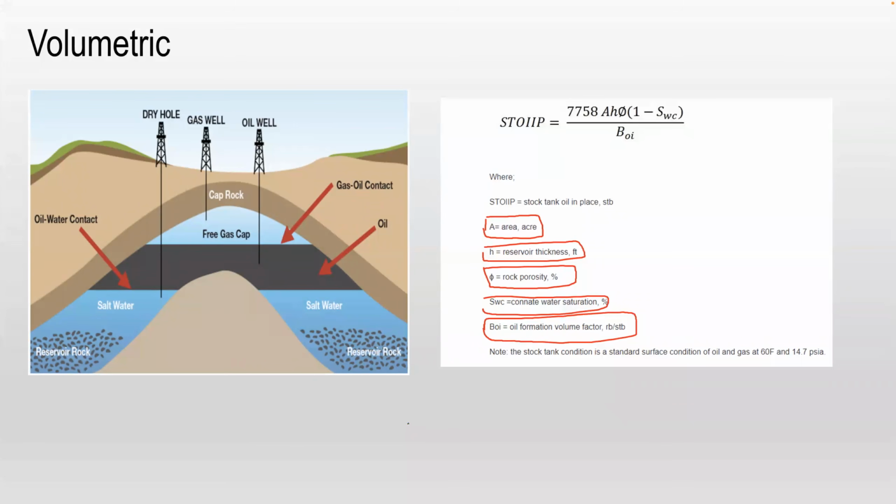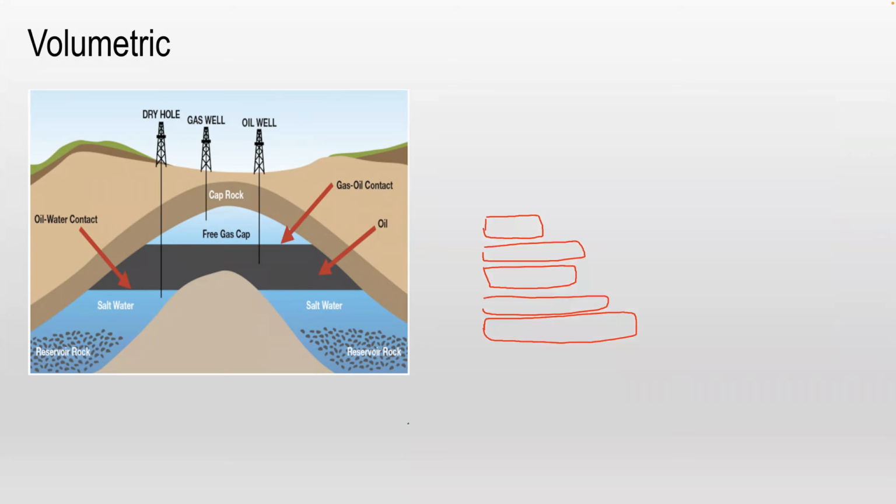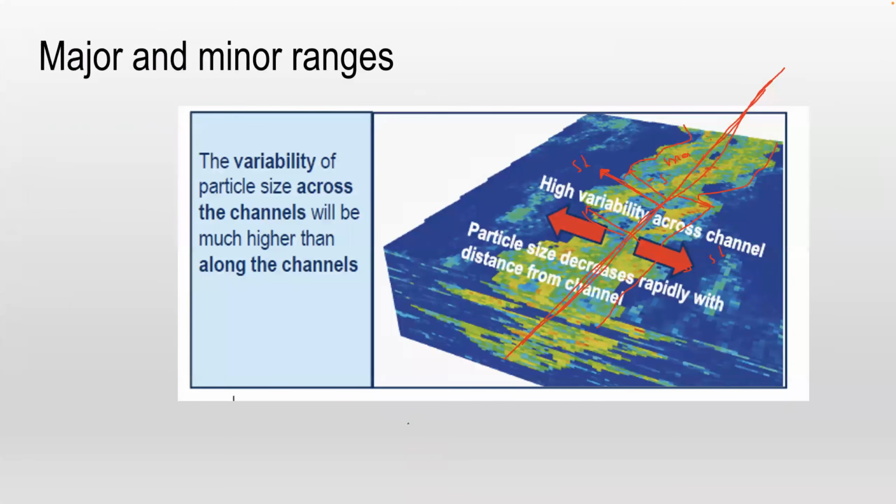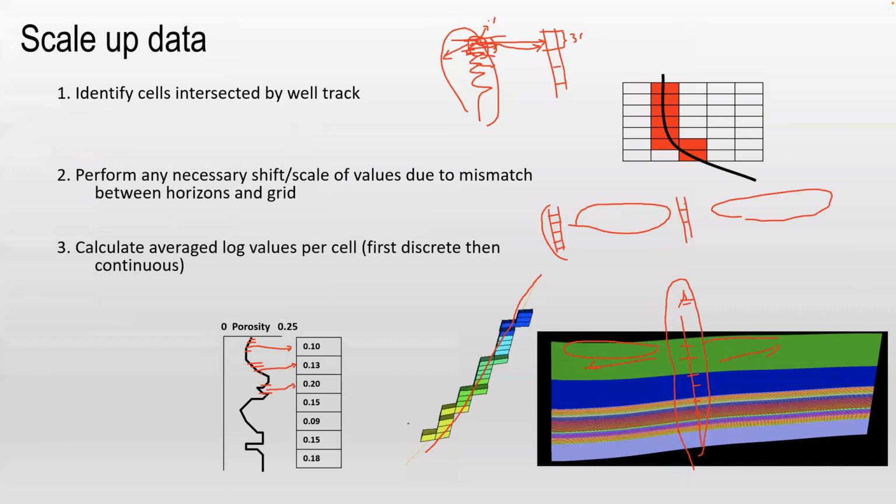I already have a question from Mohammed. He's asking, can he choose a different upscale method for the same type of log, depending on the well location in the reservoir? Yeah, for porosity, we have different averaging methods for upscaling the data.